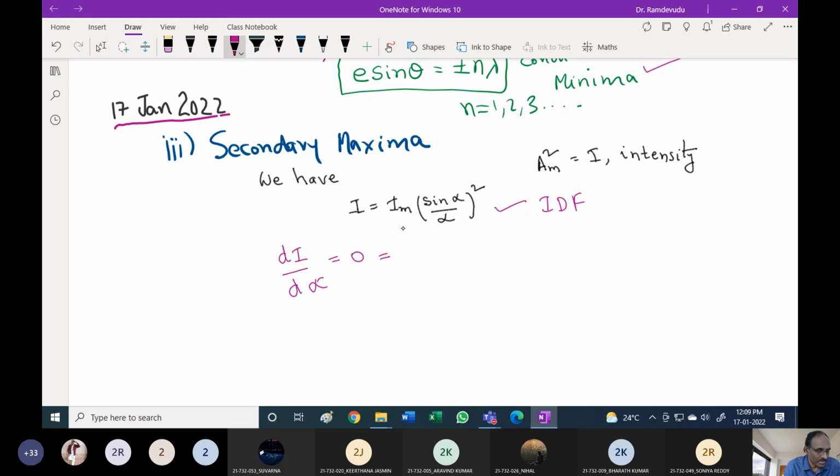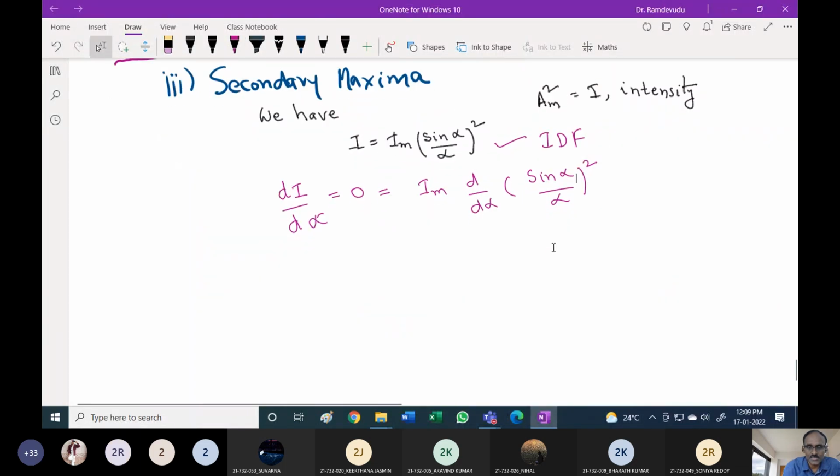So can anyone find out the value of this? I can take this Im out and write d by d alpha of sine square alpha by alpha square. Can anyone tell me what is the differentiation of sine alpha by alpha whole square? How to do this? The u by v form.